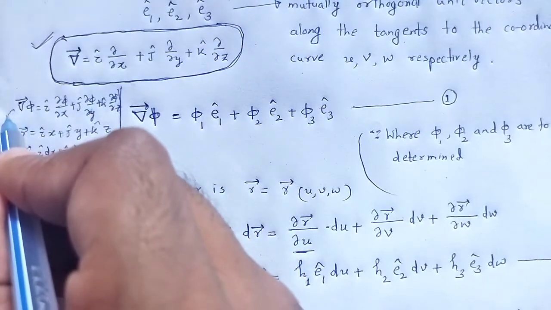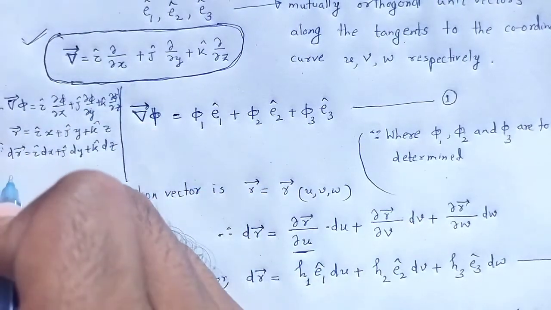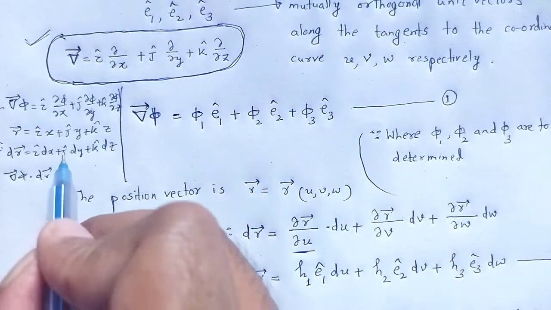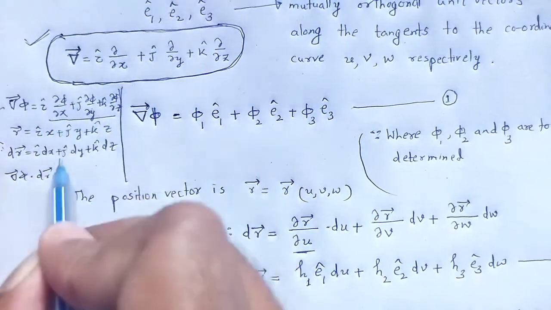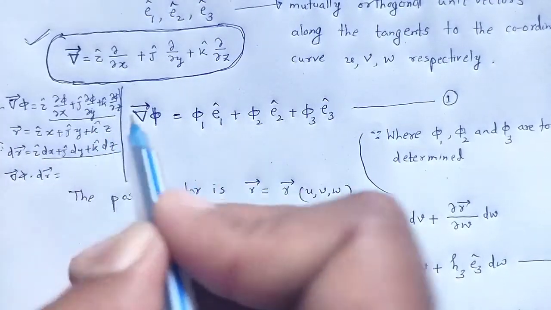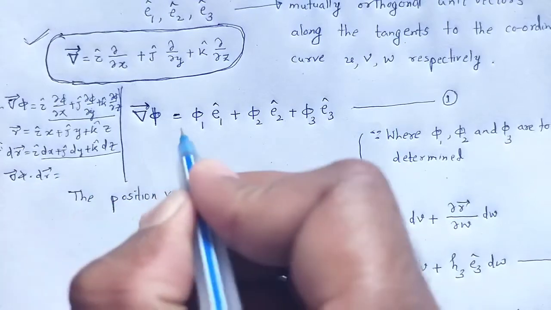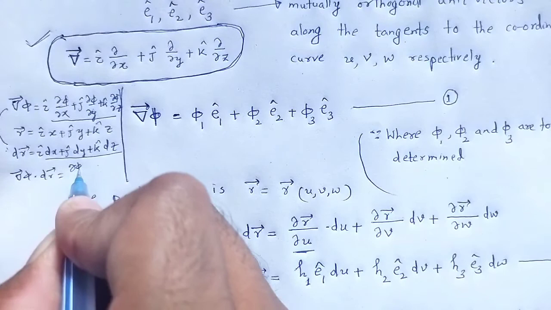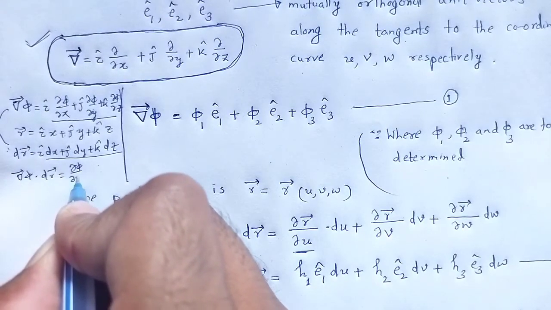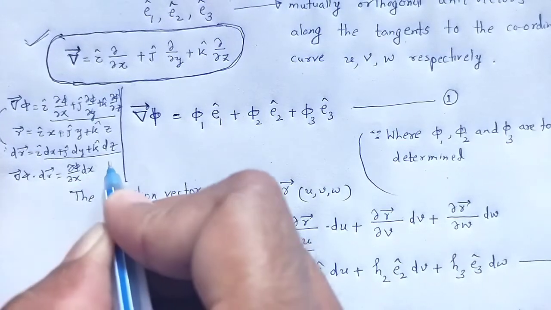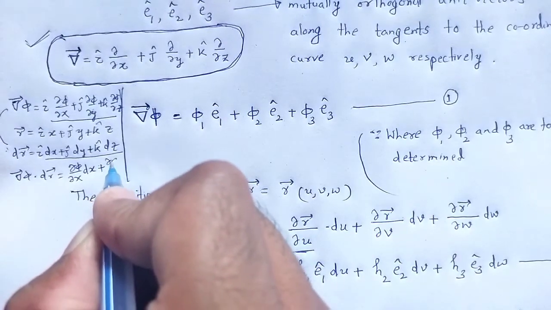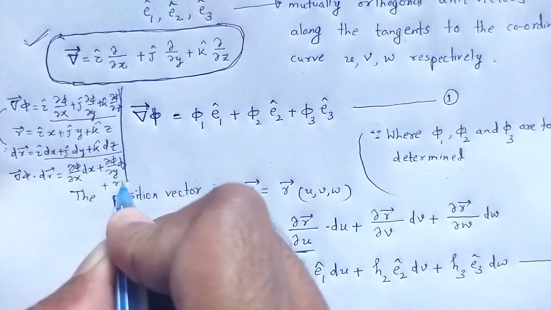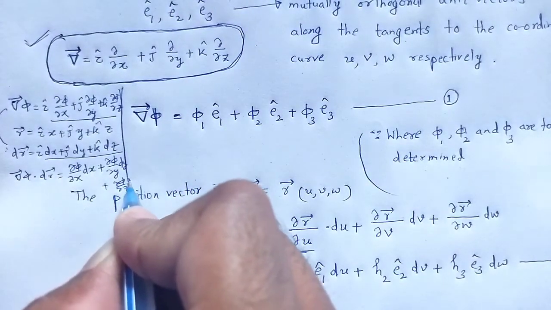Now we take the dot product grad phi dot dr. The result will be del phi by del x into dx plus del phi by del y into dy plus del phi by del z into dz.